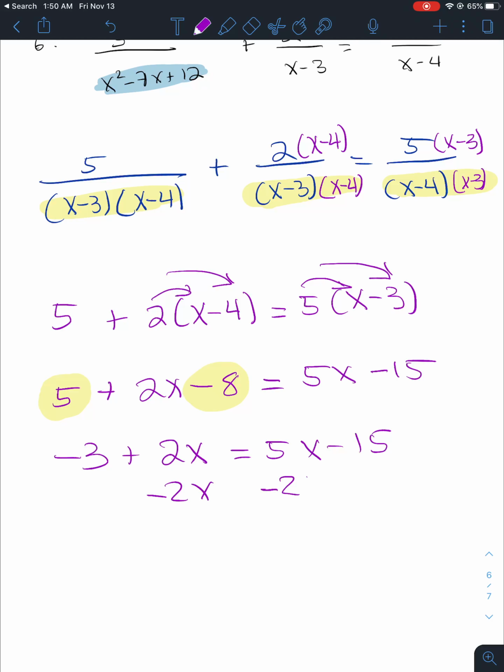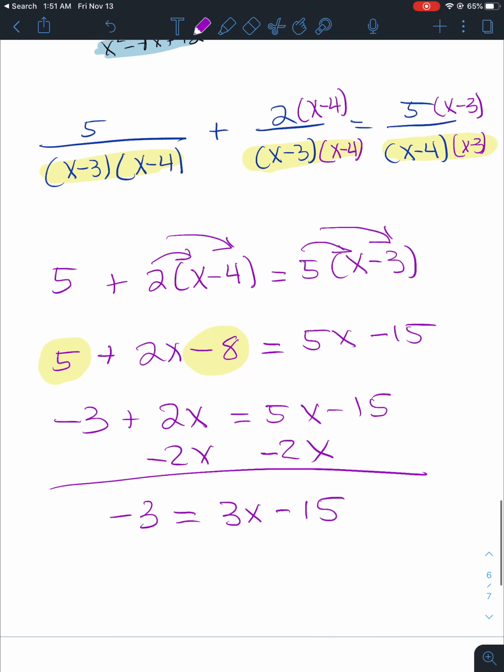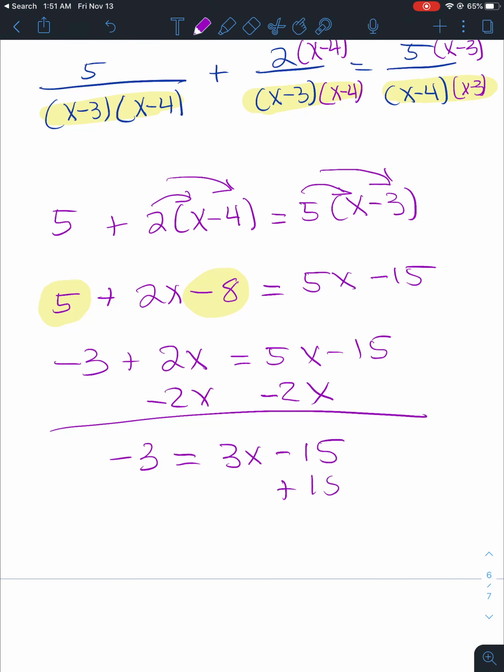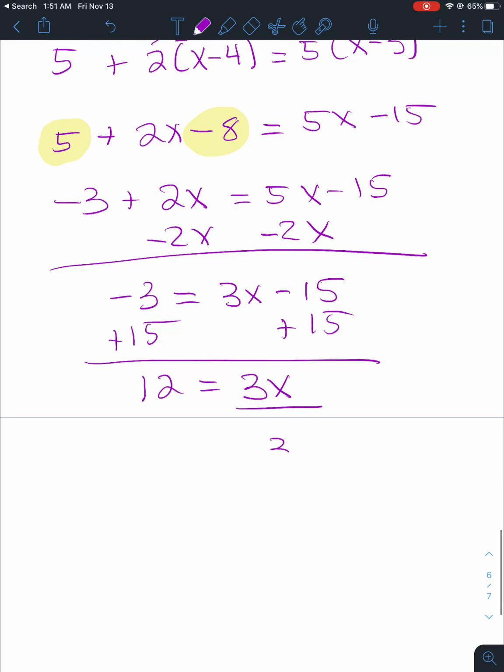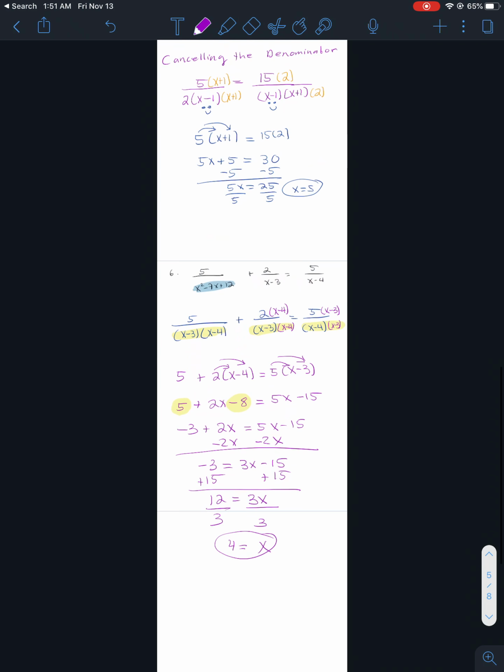So I'm going to subtract 2x. So I get negative 3 equals 3x minus 15. Then I add 15, and I get 12 equals 3x. Then I'm going to divide by 3, and I get x equals 4.